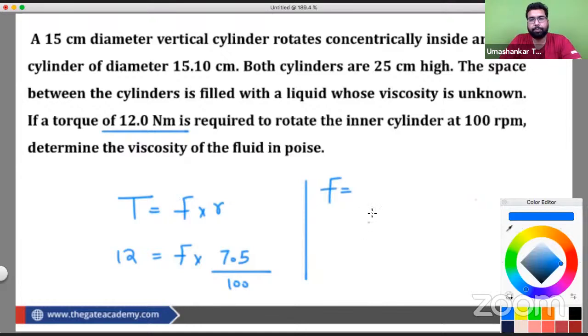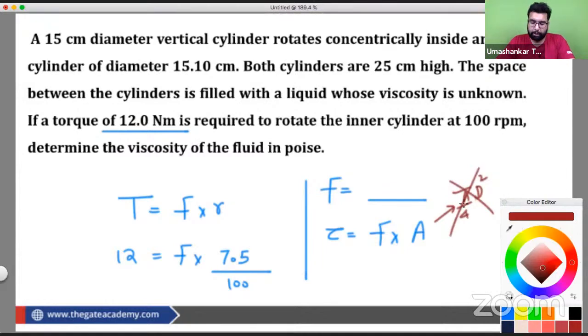Now from where do we find the shear stress? We have to find the shear stress by using force divided by area. Now here comes the key concept. Whenever we see a circular shape, we are very much tempted to use the formula pi by 4 d square.